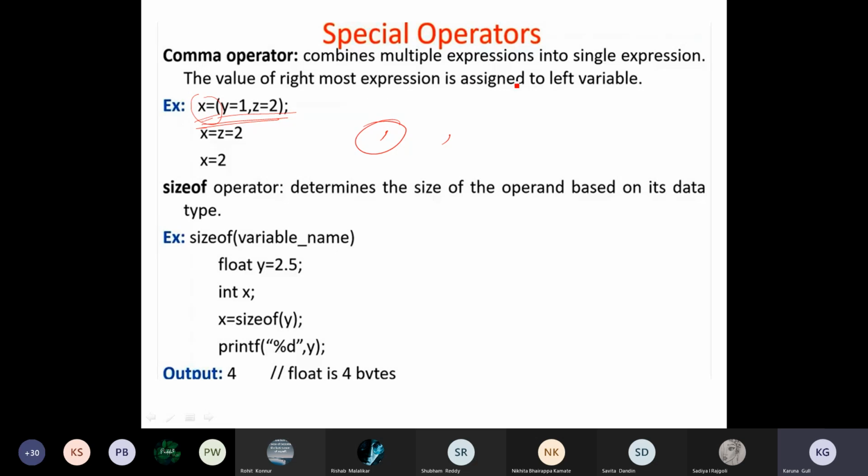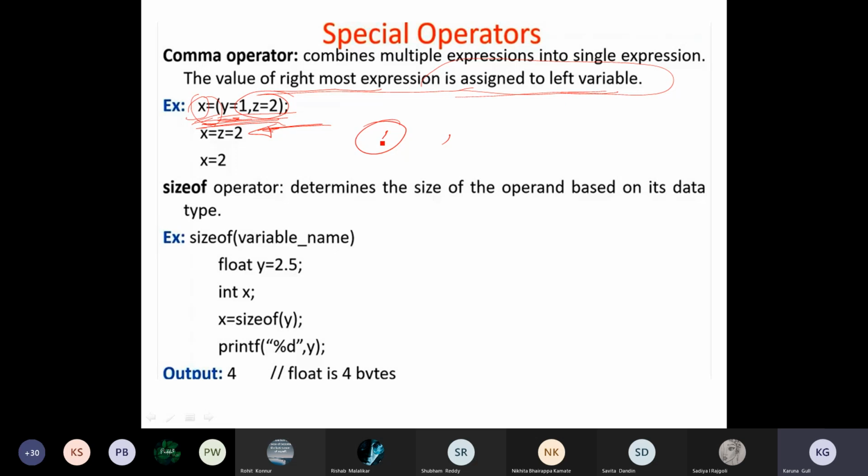Now if you look at this expression, the value of the rightmost expression is assigned to the leftmost variable. Meaning it is going to be evaluated from right to left, not from left to right. So it is going to assign this z value to x rather than the y value.